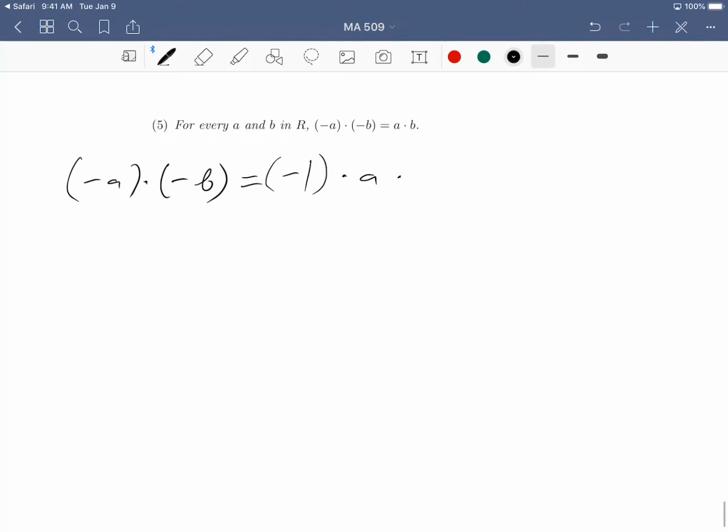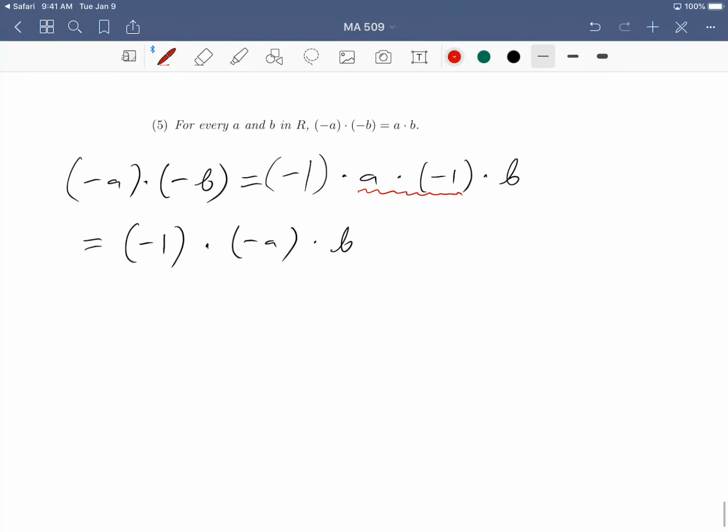So my minus b is really -1 times b. And then I'm going to group a little differently. So this a times -1 inside here is now just minus a, right? So now I have -1 times -a times b.